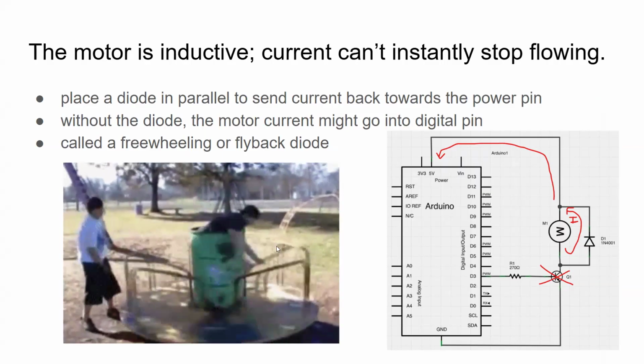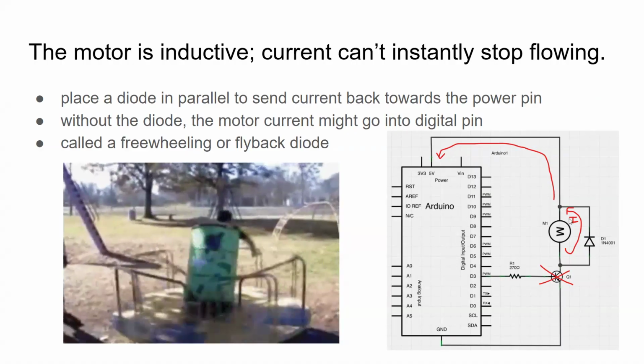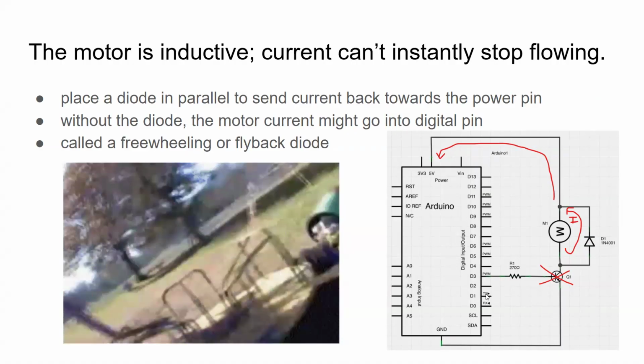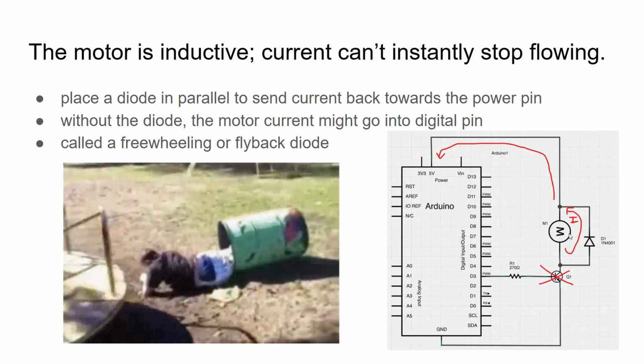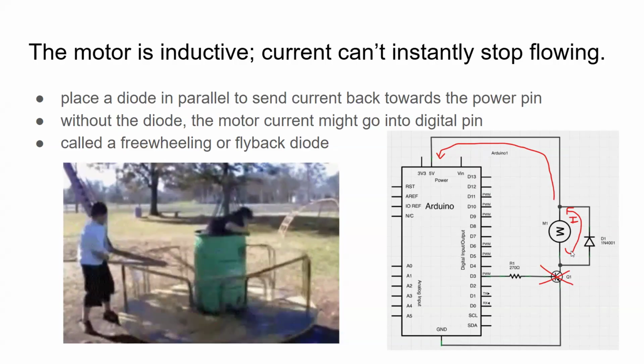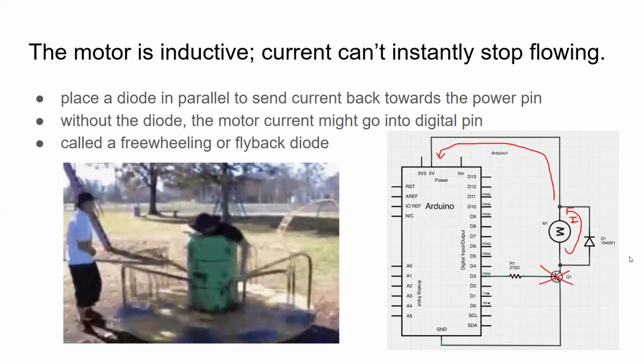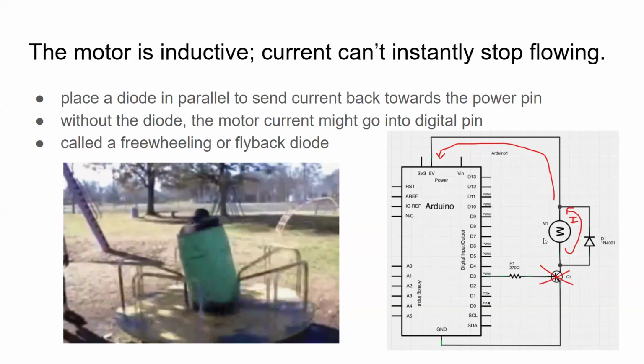And just like this little merry-go-round, right? What we've done by allowing current to flow is we're basically pushing this little merry-go-round wheel. So it's going, and just because we try to stop it doesn't mean that it'll immediately stop, right?